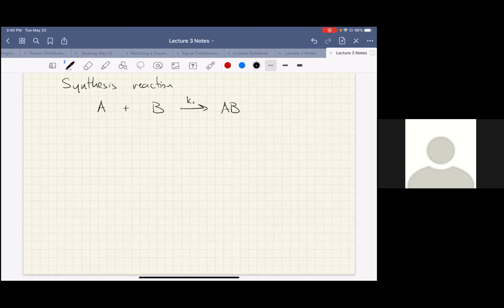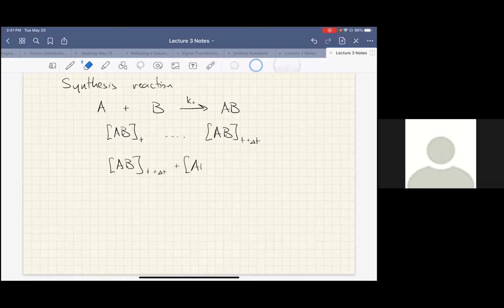If I look at the concentration of AB at time t, and then I'm interested in the concentration of AB at some later time, let's call it t plus delta t, what's the difference there? We could write the change in that concentration.